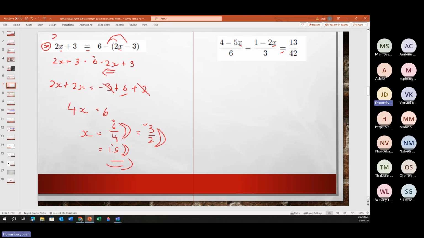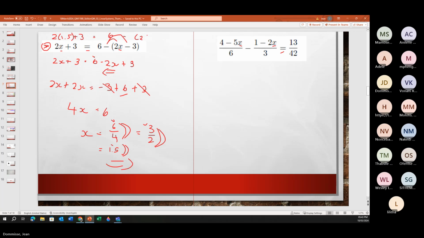So let's put it back. 2 times 1.5 is equal to 3. 3 plus 3 is equal to 6.